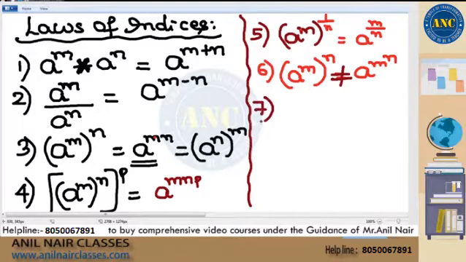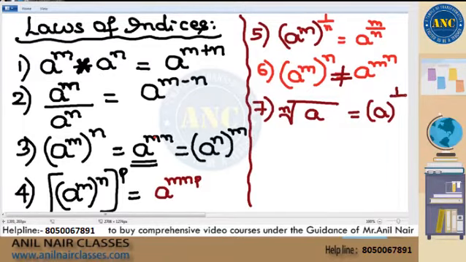Next, another law of indices. These are extra laws of indices which I am writing right now, which need not actually be there. You can derive them whenever required, but I am just writing them. Suppose I have the nth root of a. You can remove this nth root and write a, and when it comes to the right-hand side, it becomes a power 1 by n.